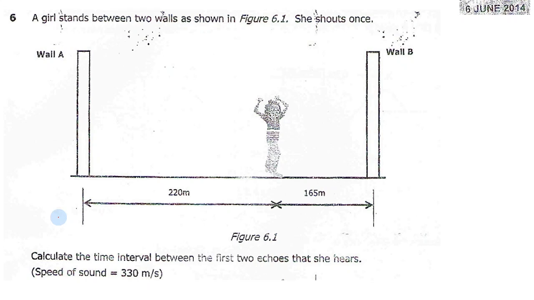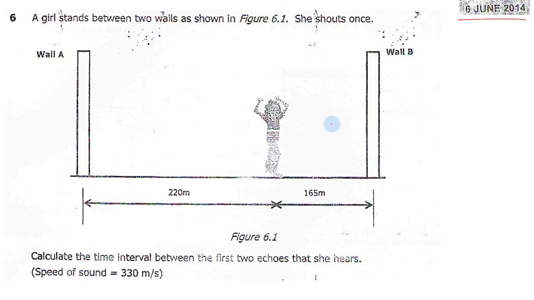Then this one came in 2014, written on 6th June. A girl stands between two walls as shown in figure 6.1. She shouts once.